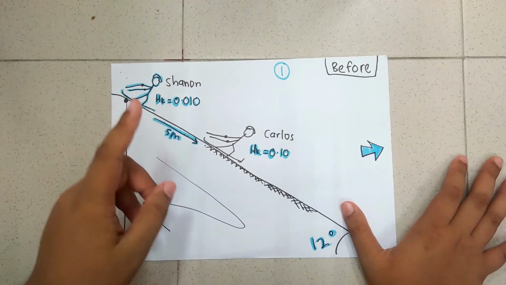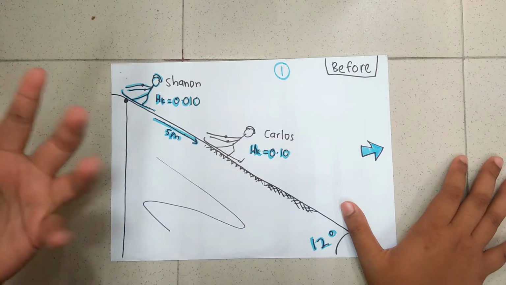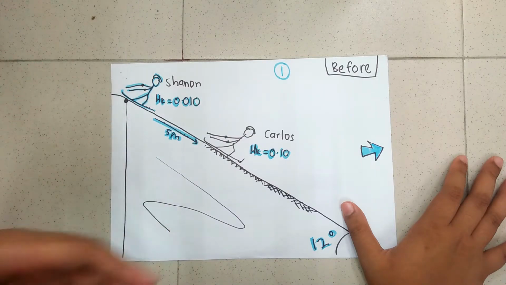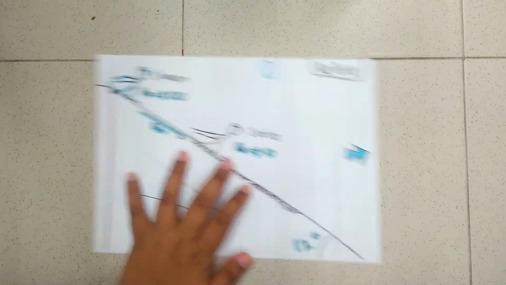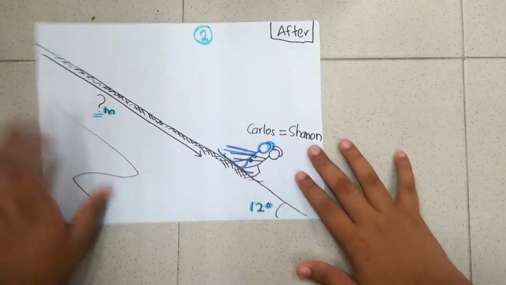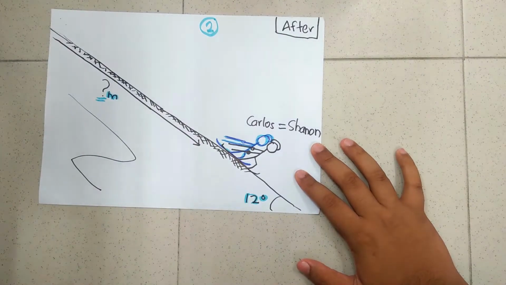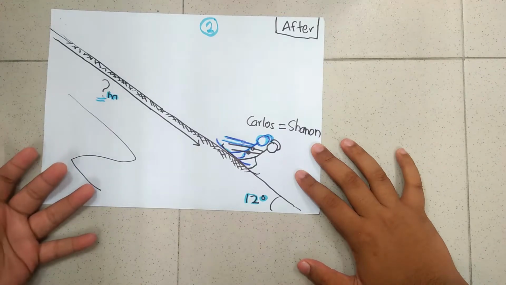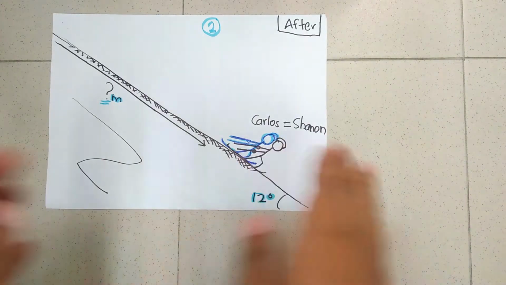When Carlos is already 5 meters away from the starting point, Shannon just begins to start. With an angle of 12 degrees, what is the time taken and what is the distance that Shannon and Carlos have met at the same point?